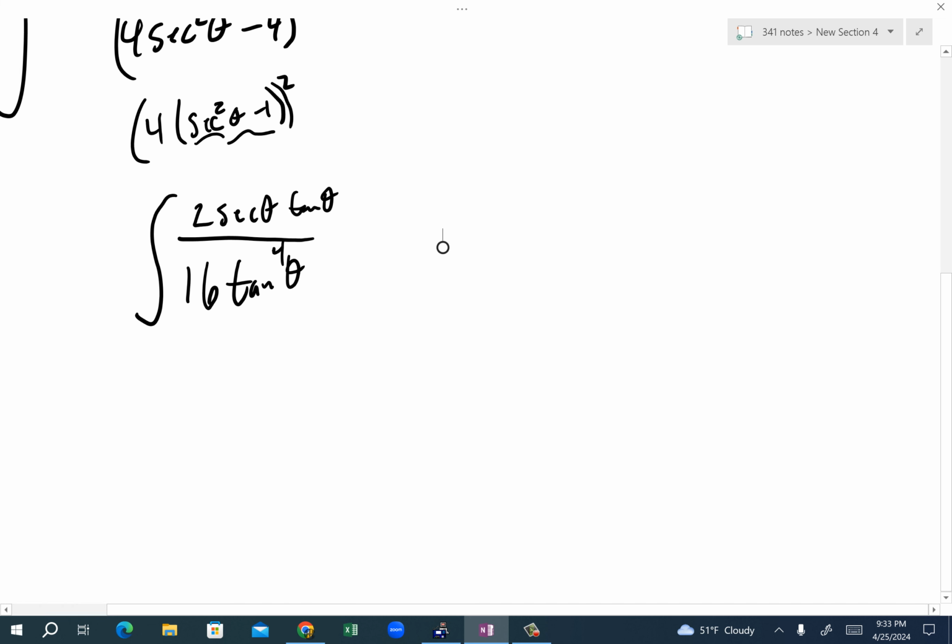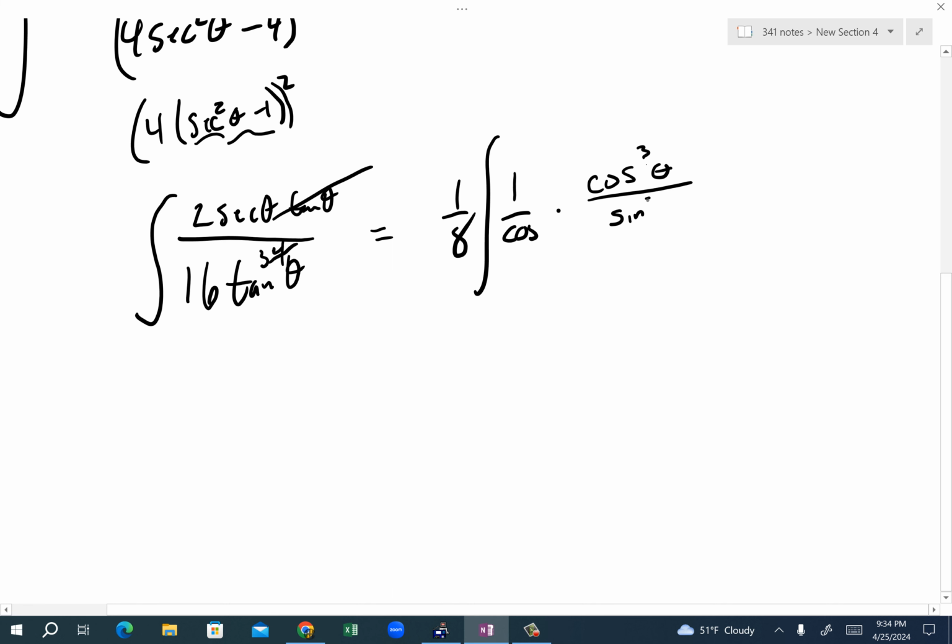That's cute. And so this becomes, well, it's actually 1/8. And so this ends up becoming 1 over cosine times cosine cubed over sine cubed. True dat?